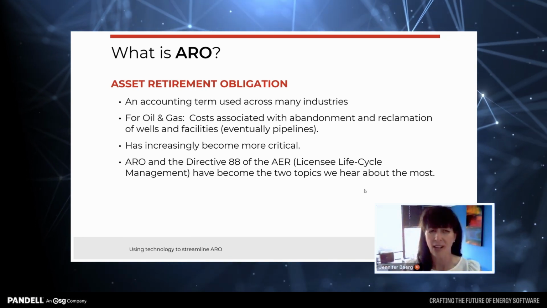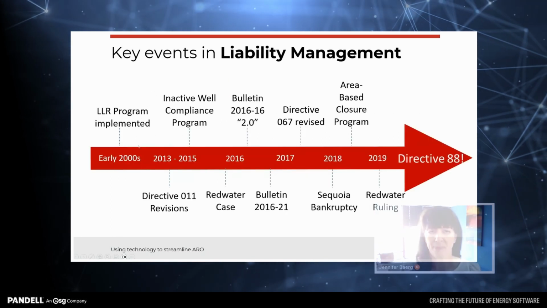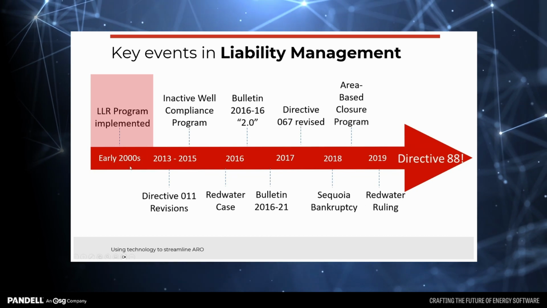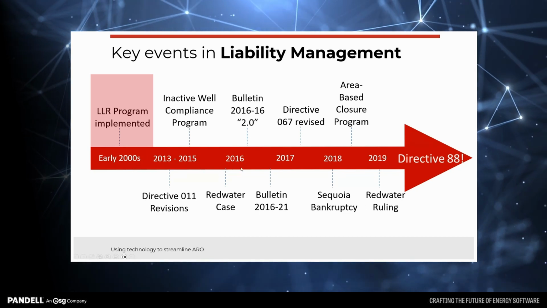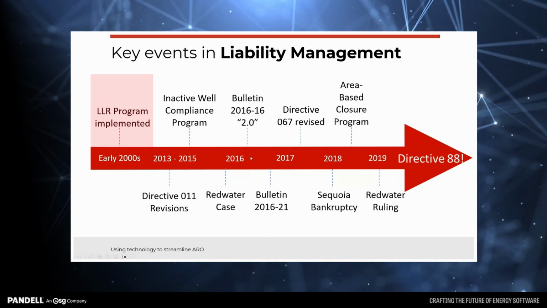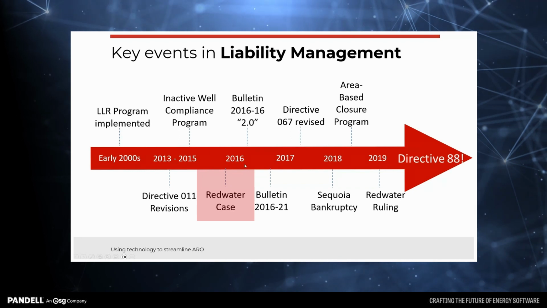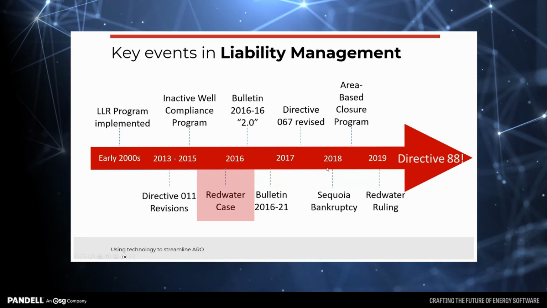And I think we'll talk about mandatory spends elsewhere if we have time. The LLR program, believe it or not, was introduced in the early 2000s, which is somewhat crazy to think about since it's 20-some odd years later. And then the Redwater case came about in about 2016, which really disrupted the whole liability space for everybody.